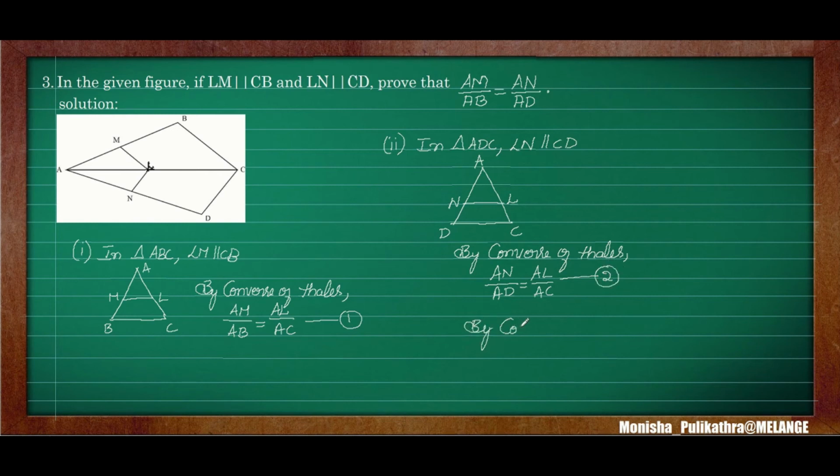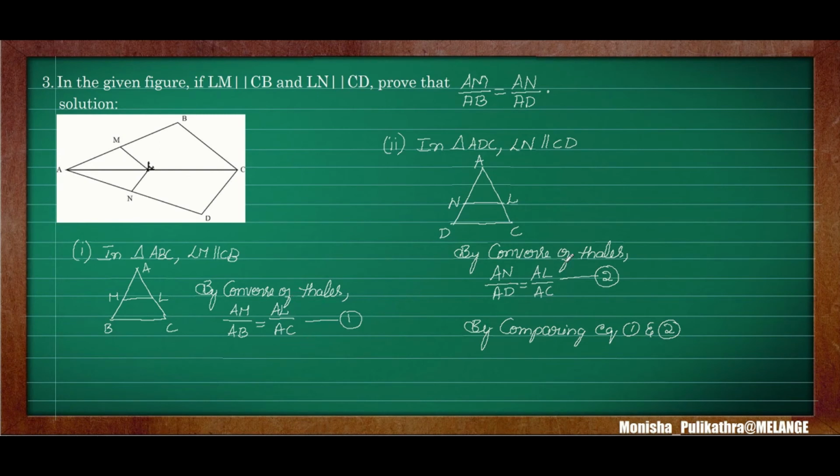Next, by comparing equations 1 and 2. In both the triangles, the RHS AL by AC is equal to AL by AC. If the RHS are equal to each other, then the LHS has to be equal to each other, right?